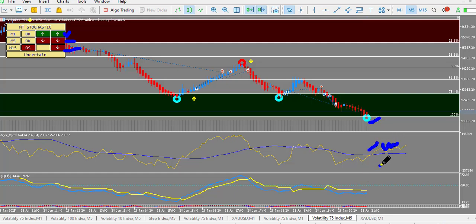This is going to be slow. We are waiting for this to be in agreement before you place your trade. And this is an oversold region already. You cannot take a sell if you are waiting to take a sell trade, because it is an oversold region on 15 minutes. So it is not advisable that you place this particular trade.